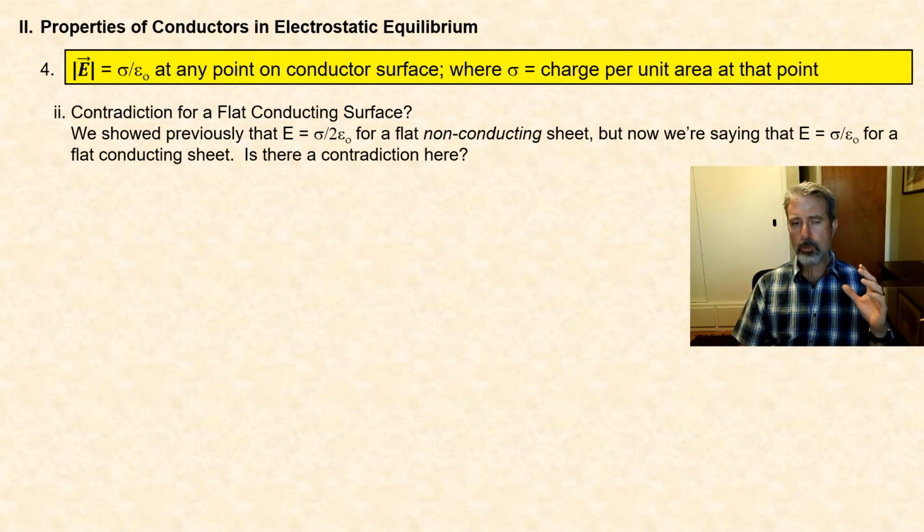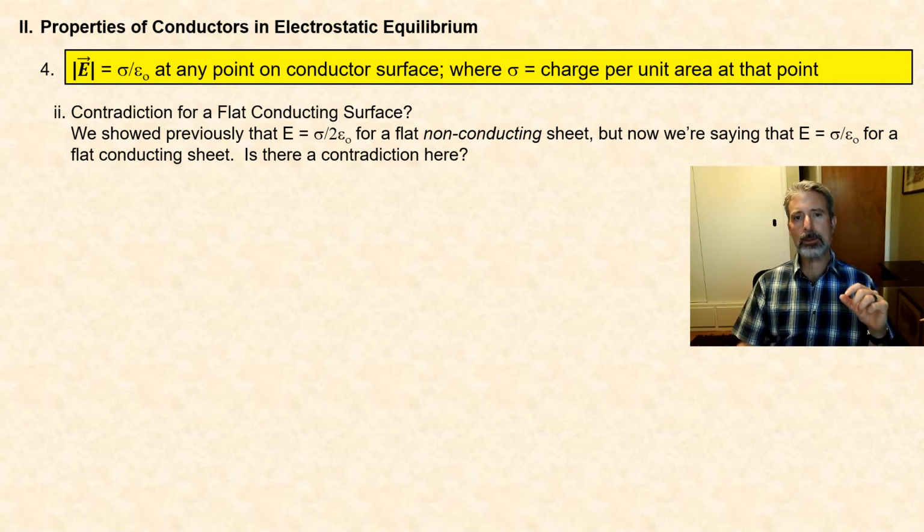If the expression that we just derived for the magnitude of the electric field at the surface of a conductor seems a little bit unsettling to you, for some reason you're not quite sure of, then perhaps this slide will clarify this for you.